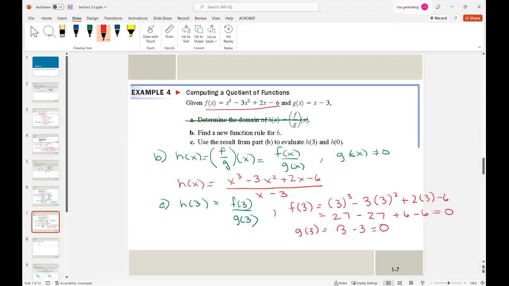Okay? Now, we're not going to get fancy here. We're just going to say h of 3 is going to equal 0 over 0, which is, again, no solution. Okay, but let's find out what h of 0 is.